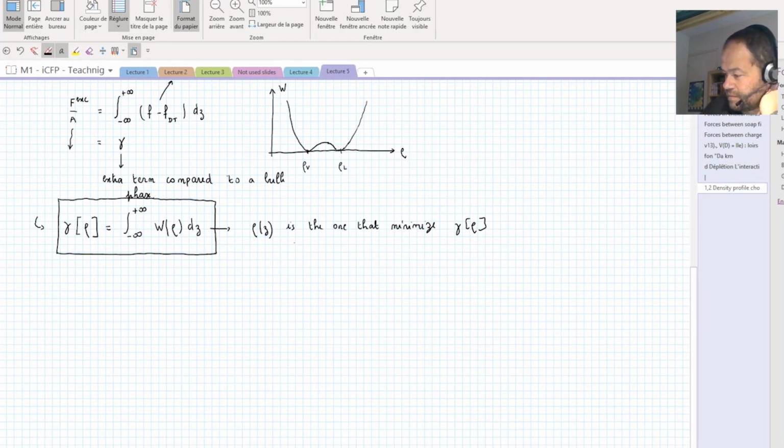And then, because I have only 4 minutes left, I will say that the profile of density that minimizes gamma here is trivial. It is this one.